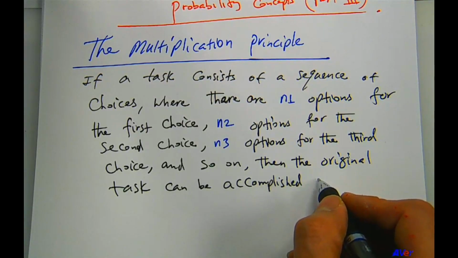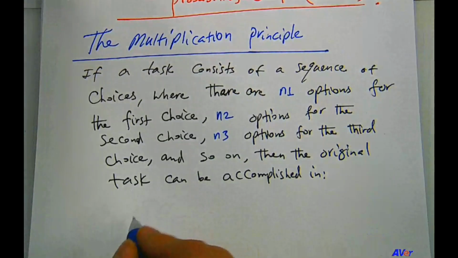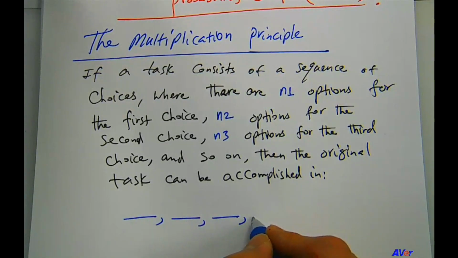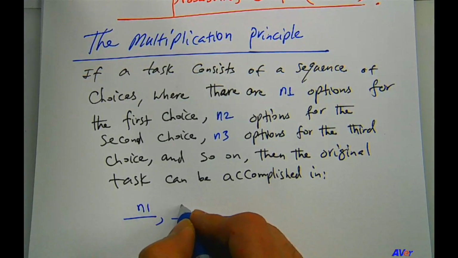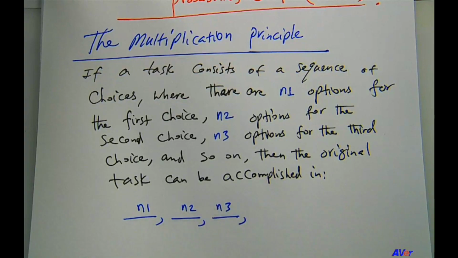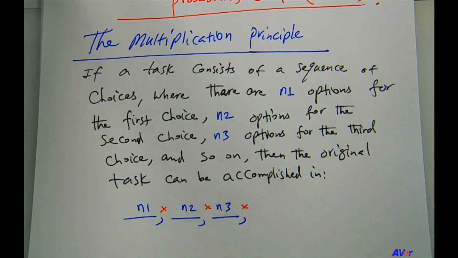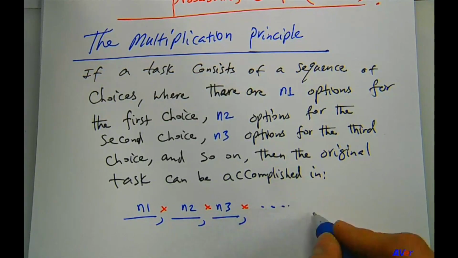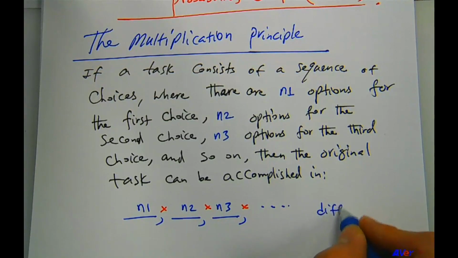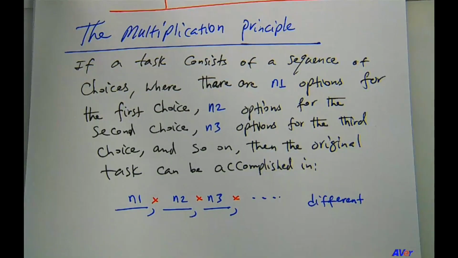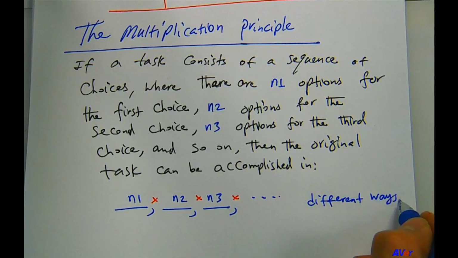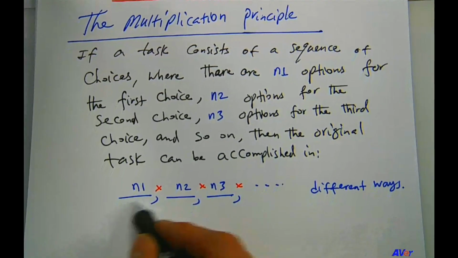the task can be accomplished in N1 times N2 times N3, multiply these numbers, different ways. So here, in this case, each of these is a choice.